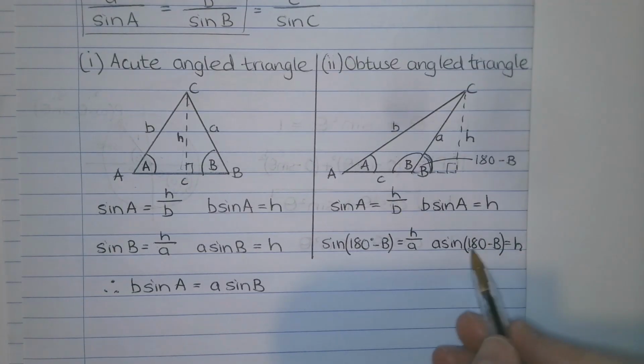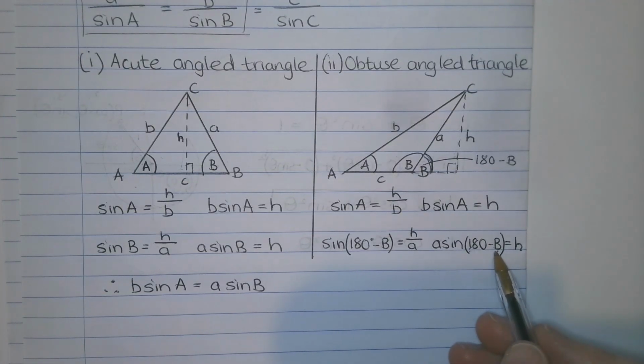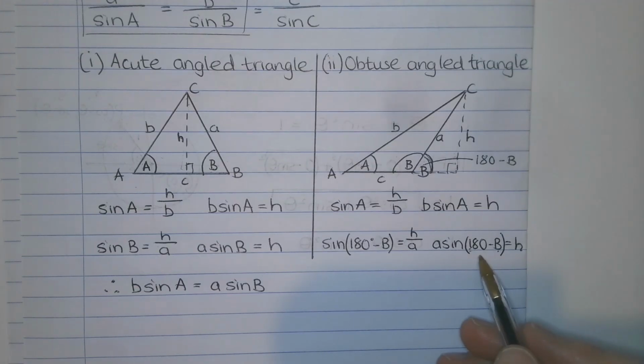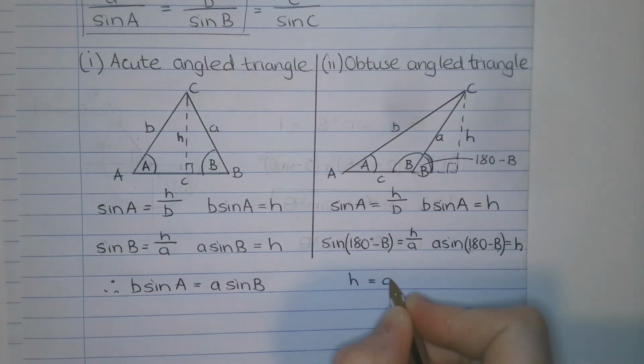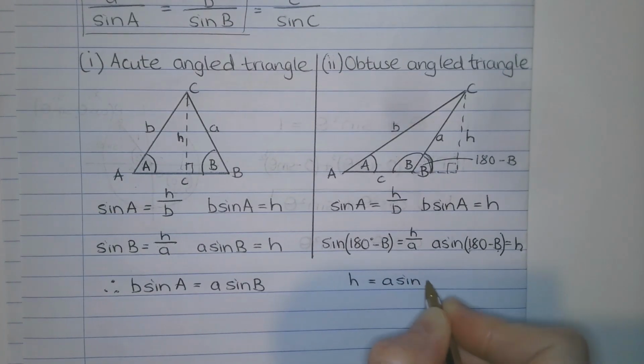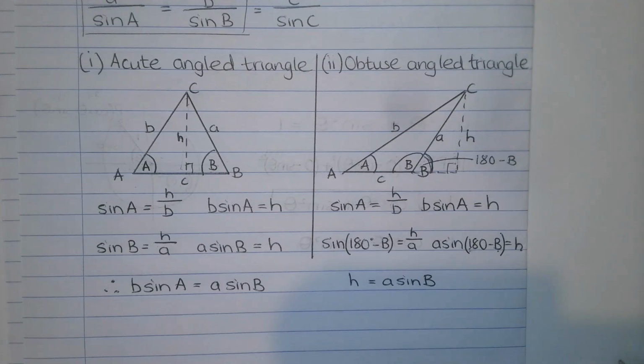Now, since 180 minus B would be in our second quadrant in our unit circle, and it has a reference angle of B, sine is positive in the second quadrant. Therefore, we can say that h is equal to a times the sine of B here also.